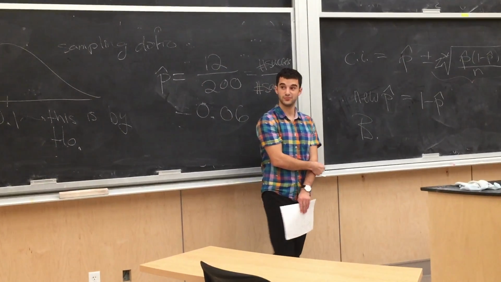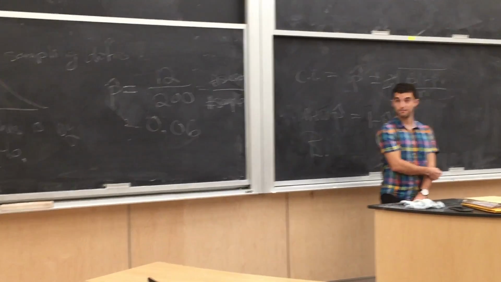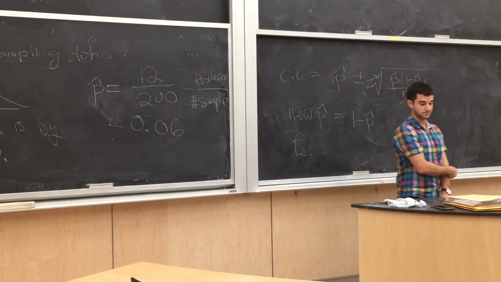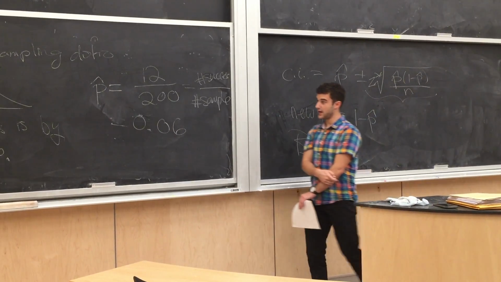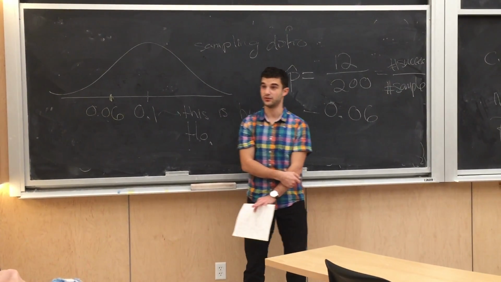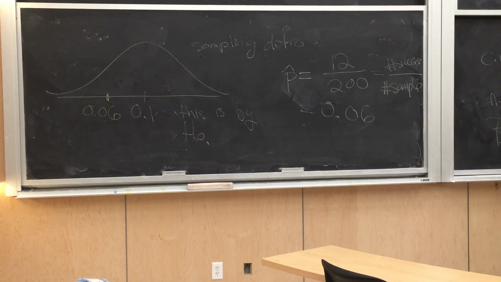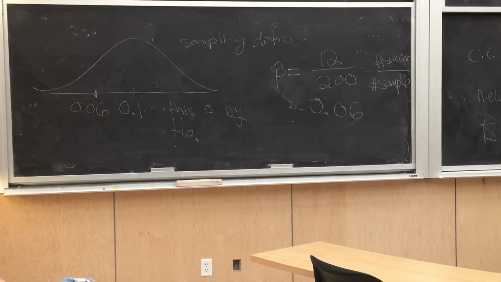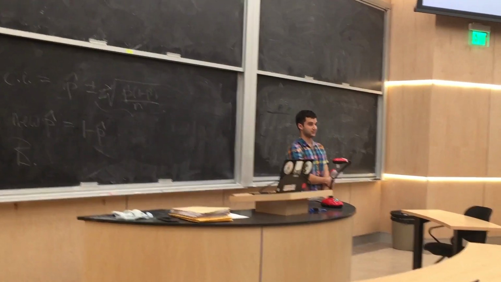So it's the proportion of times that H naught will be true. It's not the same as the probability of H naught not being true. It's not quite the same as that. Maybe Lily, do you have an idea?